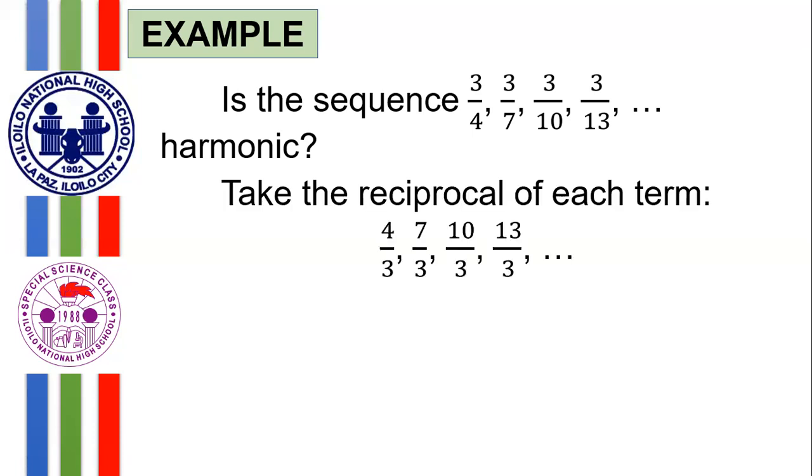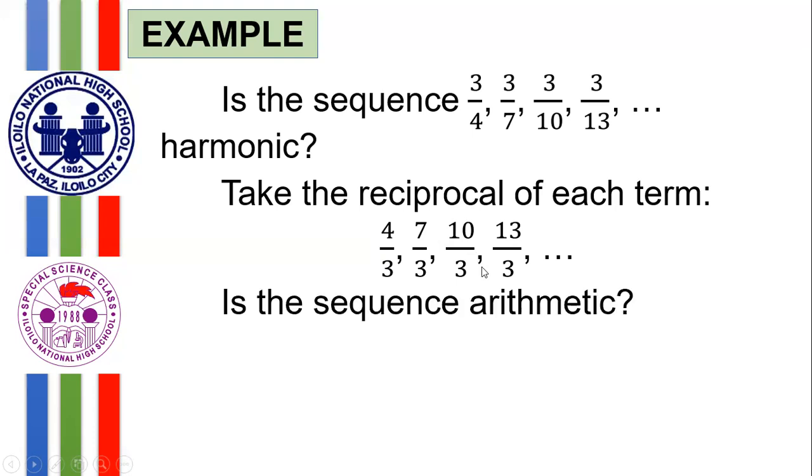So taking the reciprocals of each term, we have 4/3, 7/3, 10/3, and 13/3. And let's see if there's a common difference. 7/3 minus 4/3 is 3/3 or 1. 10/3 minus 7/3 is 3/3 or 1. 13/3 minus 10/3 is 3/3 or 1.